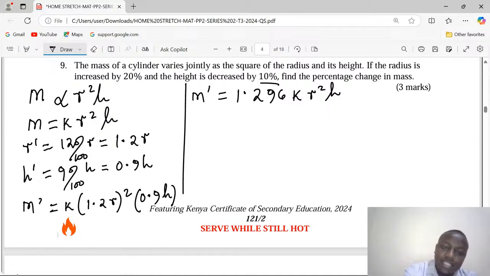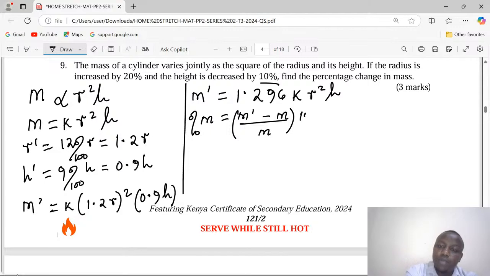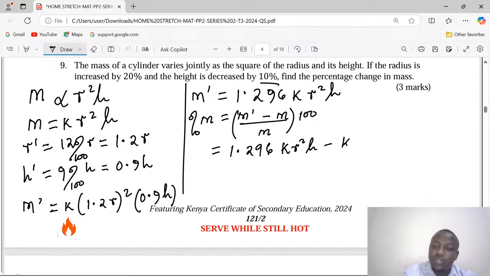Now the percentage change in mass will be the new mass minus the original mass, divided by the original, multiplied by 100. We just express it as a percentage. So the new mass is 1.296 k r squared h minus the original k r squared h, divided by the original k r squared h.